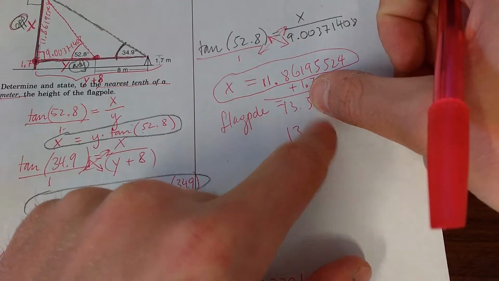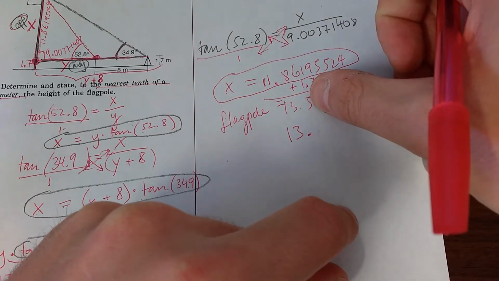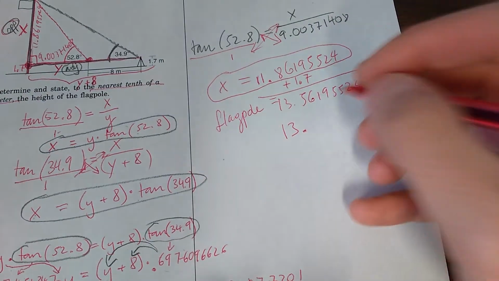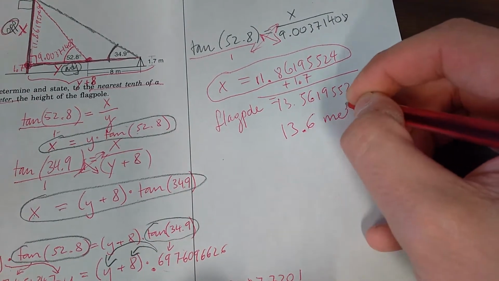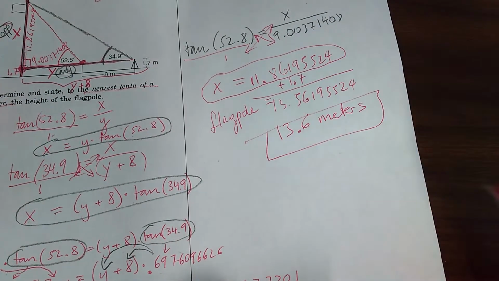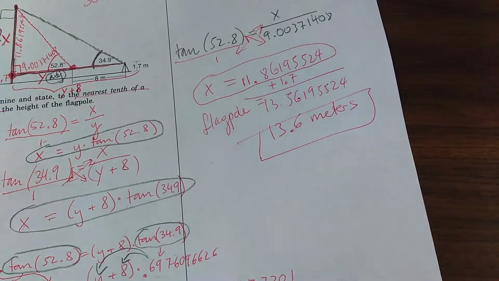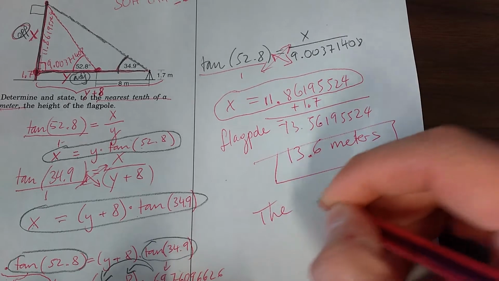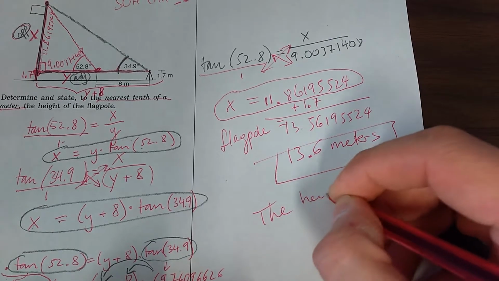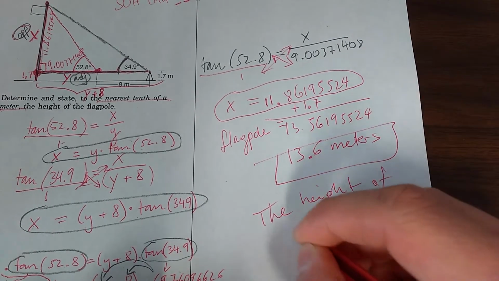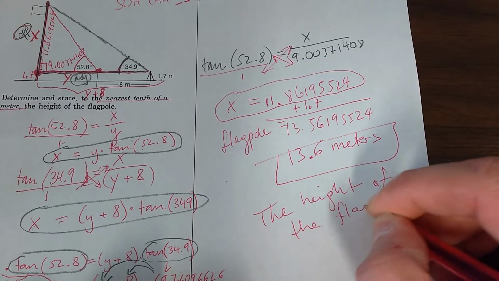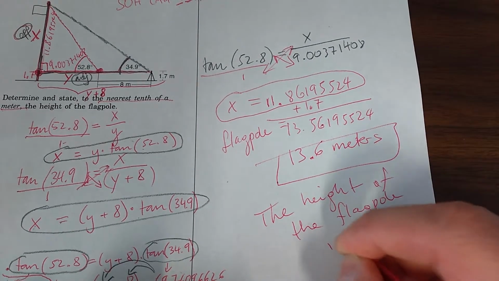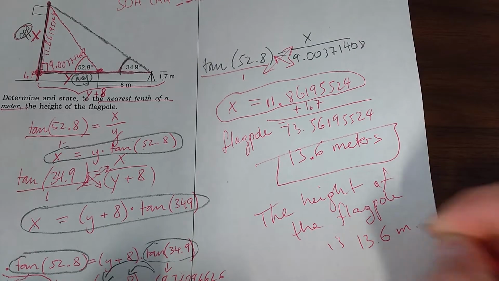Because look, after the 5, you got a 6. And the 6 means that we gotta round up, so 13.6 meters. Okay, and that's it. That's full credit. If you want to be super thorough, you can just write a sentence. The height of the flagpole is 13.6 meters.